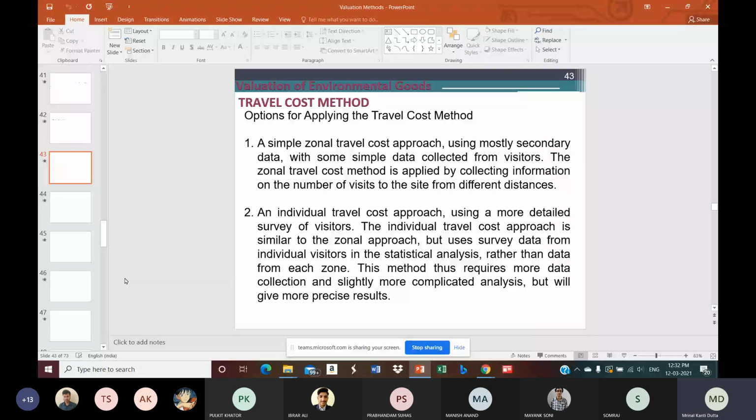So this individual travel cost method is similar to the zonal approach, but of course it will be using survey data. It's not the secondary data, it's the primary data for the investigator. So it uses survey data from individual visitors in the statistical analysis rather than data from each zone. So therefore, in the case of individual travel cost method, more amount of data will be required.